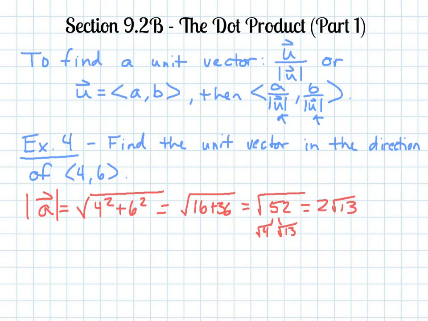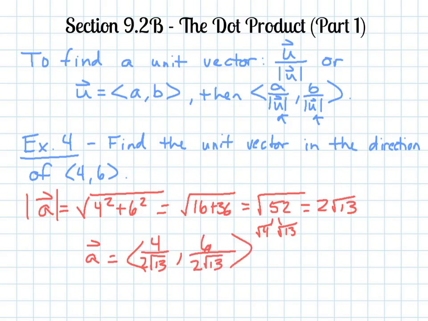Now plugging that in, if I'm going to write it the second way, my vector A would be my x value, which is 4, over 2 square root of 13, comma, 6 for my y value over 2 square root of 13.